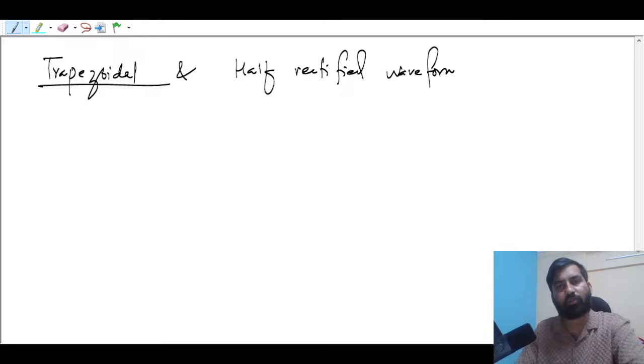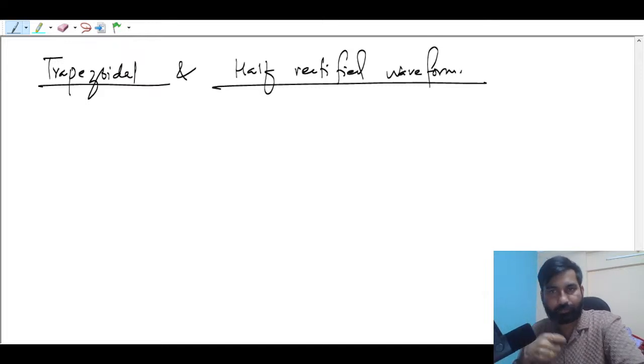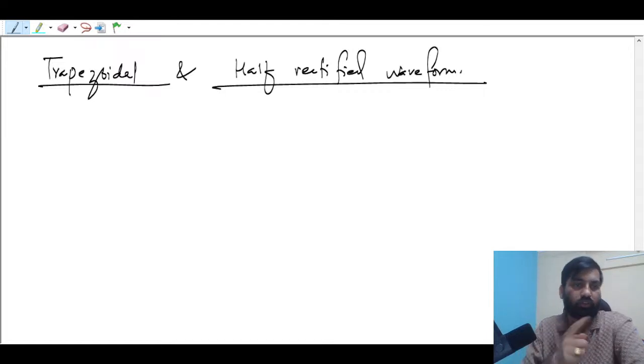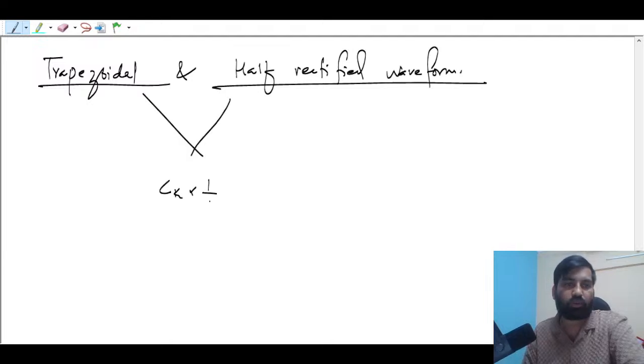Now think about how many times you will differentiate these waveforms so that you start getting the impulse. You need to differentiate 2 times, that is, you need 2 derivatives before you start getting the impulse. So your ck, the convergence rate, in this case will be proportional to 1 by k square.